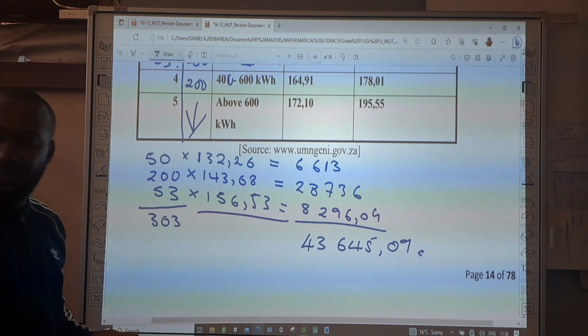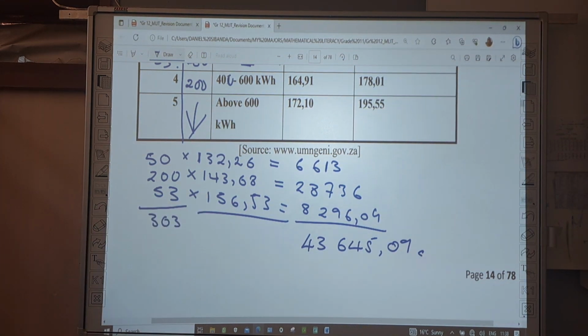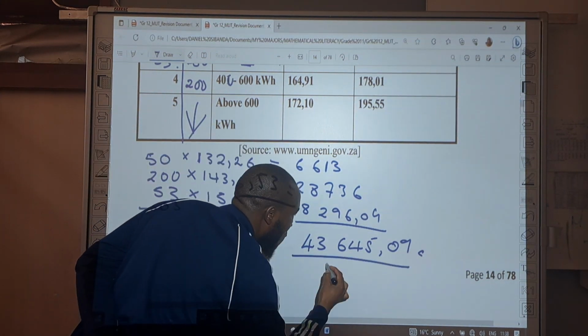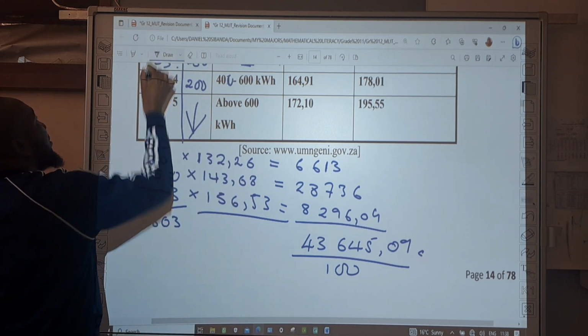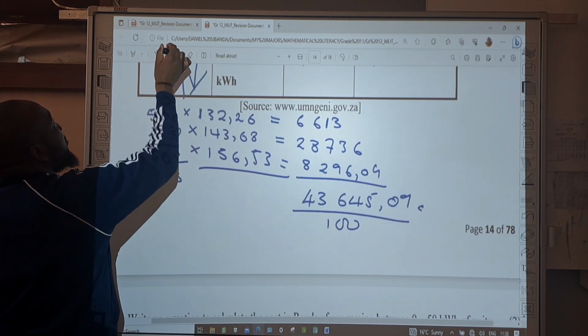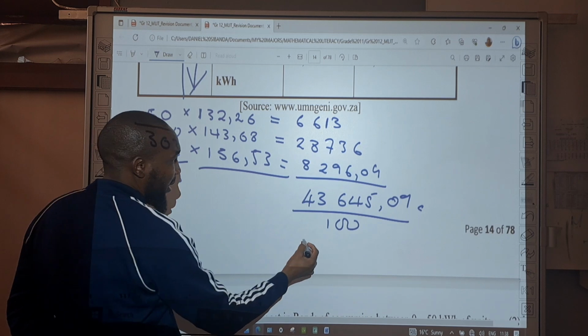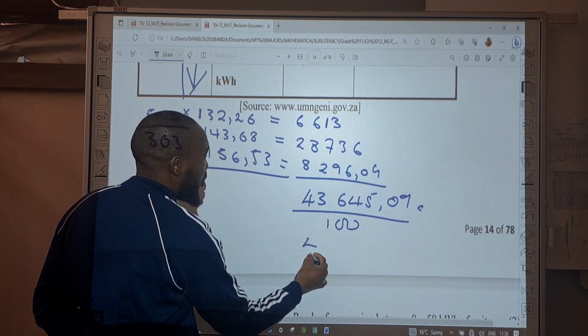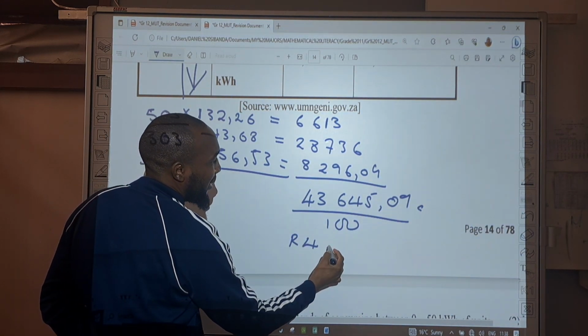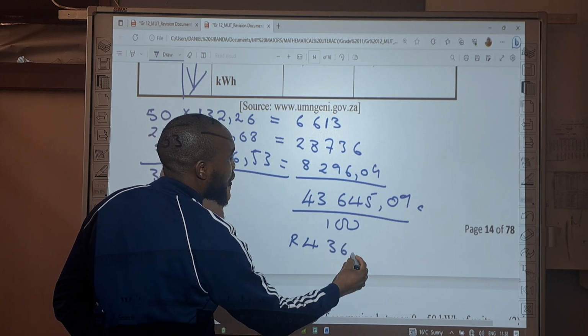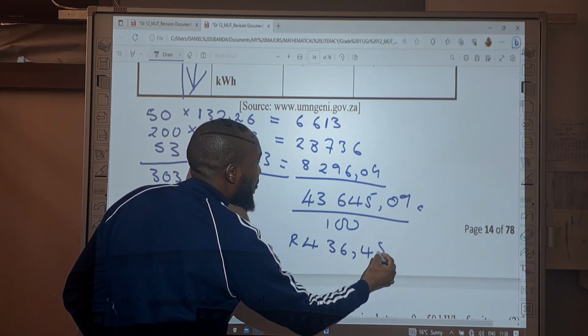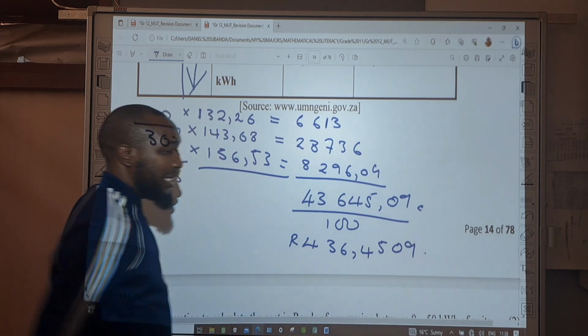Remember, these are in cents, and we haven't added our VAT. So let's convert this to rands by dividing by 100. It's going to give us 436 rands, 45009. Not yet rounding off.